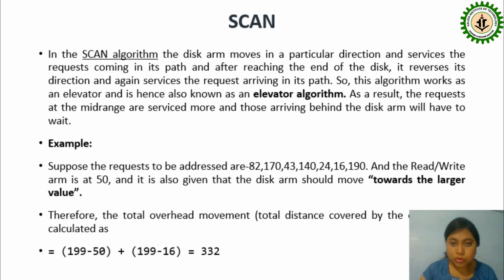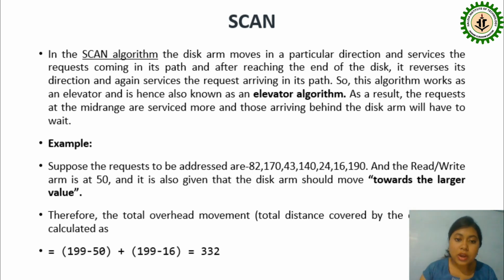So we have to reach the end of the disk. Okay, so the end is 199. So from position 50 we have to strictly go to 199. For that, 199 minus 50 will be the first distance.